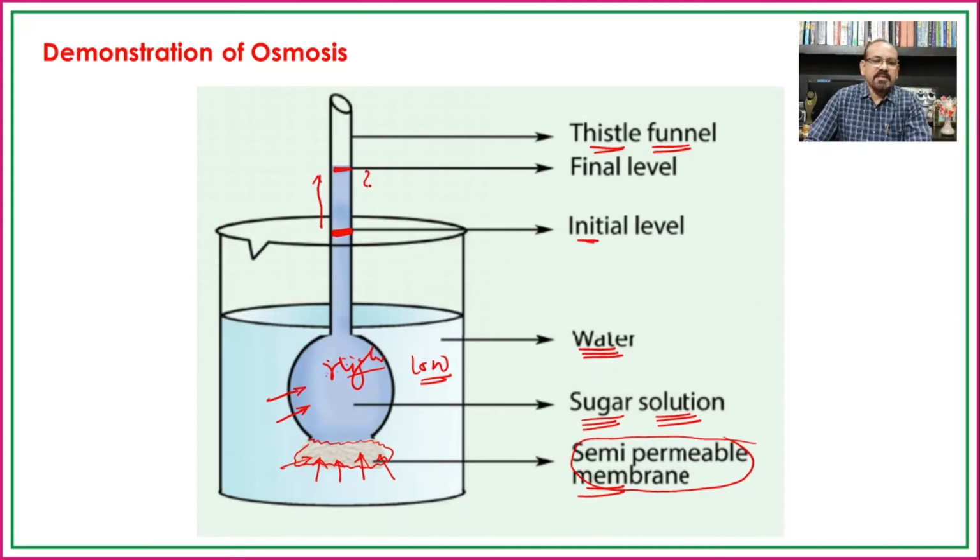This increase in the level in the thistle funnel indicates that there is an entry of the water through the semi-permeable membrane from the region of lower concentration to the region of higher concentration, so that we can prove that there is a process of osmosis, meaning the movement of the water from the region of lower concentration to the region of higher concentration through the semi-permeable membrane.